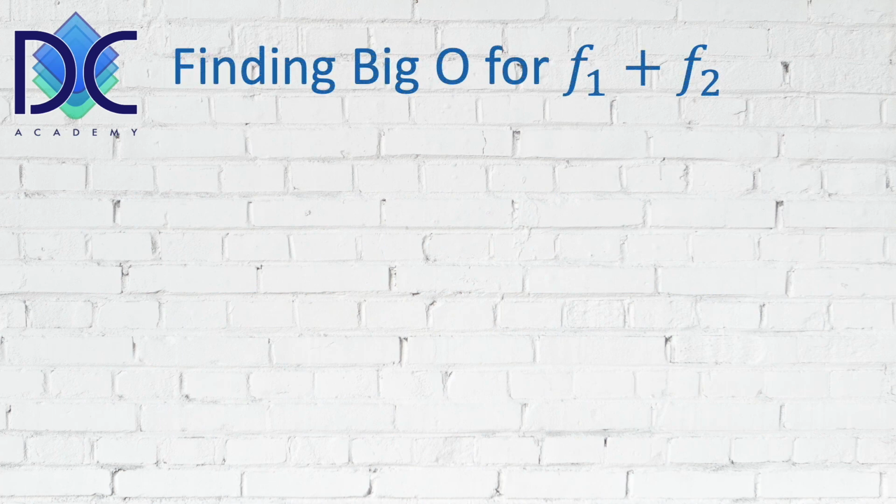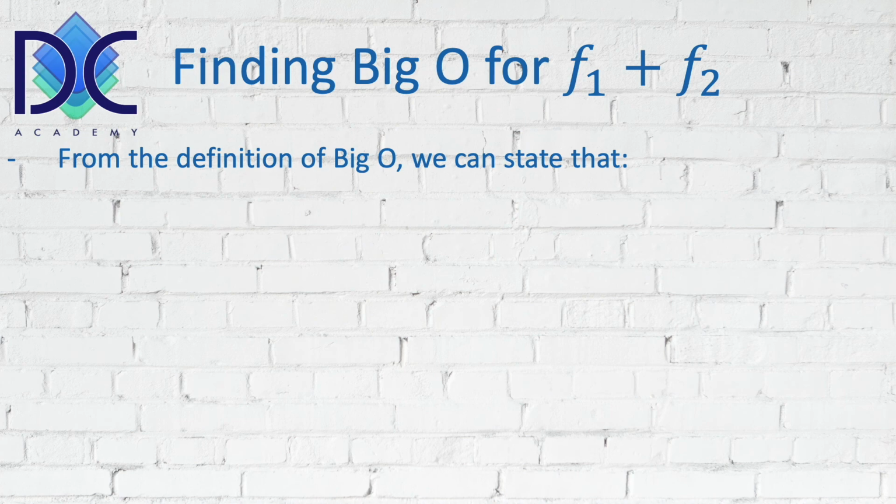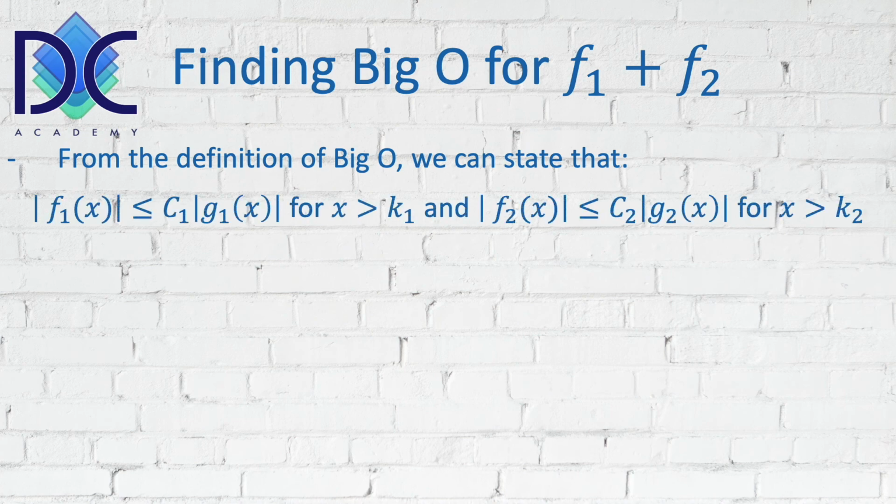Look at the general idea about big O for f1 plus f2, the sum of two functions. From the definition, we state that the absolute value of f1 of x is smaller than or equal to c1 times the absolute value of g1 of x, for all x larger than k1. We can say the same thing for f2, for x larger than k2.